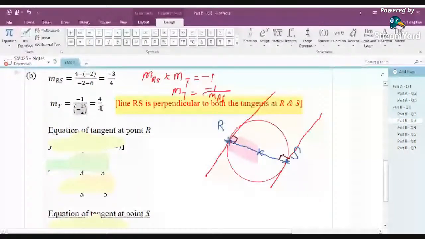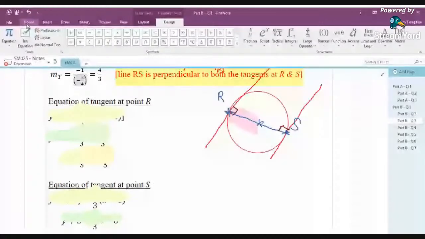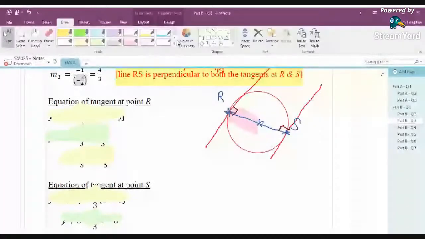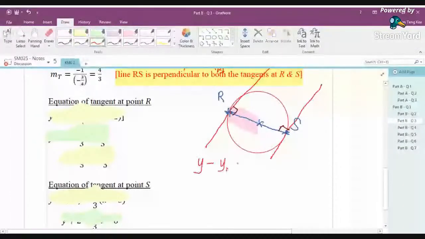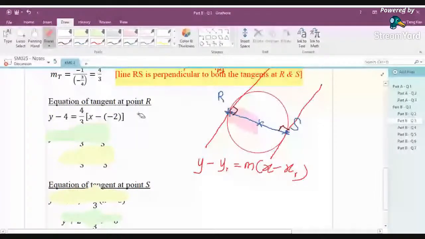To calculate the equation for the tangent at points R and S, I'm going to make use of this formula where y minus y1 equals m multiplied by x minus x1, where y1 and x1 are the y and x coordinates corresponding to the point involved. From R, I have y as 4 and x as -2.